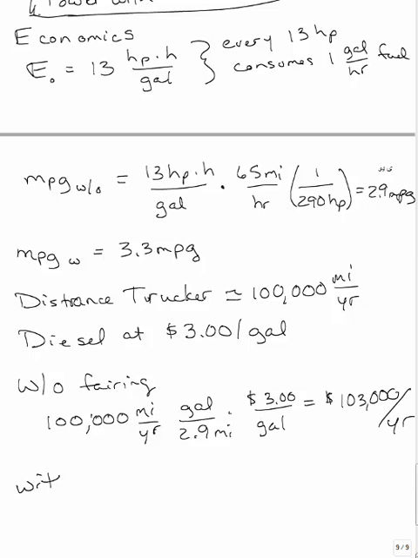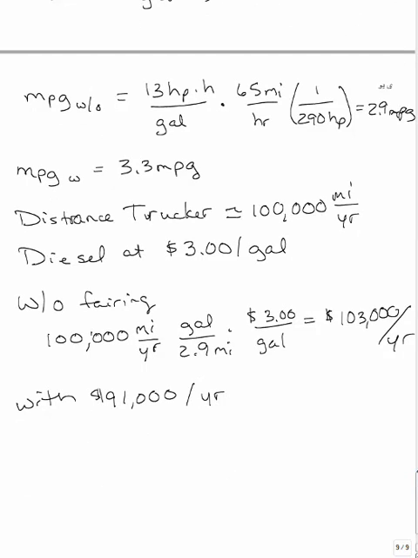With the fairing, same calculation, you get $91,000 per year. Alright, so still you look at that, $91,000, but that saves $12,000 per year. That's significant. And that is per truck.